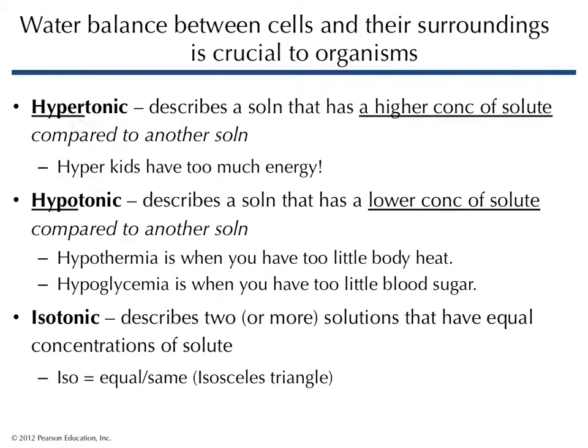So hypertonic means you have a higher concentration of solute compared to another solution. So you'll never just be intrinsically hypertonic. You could have an 80% glucose solution, so that's very high. But if you're comparing it to a 90% solution, then it's not hypertonic. So it depends on what you're comparing it to.